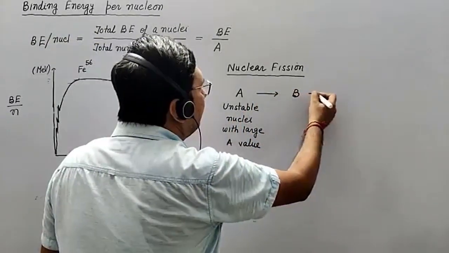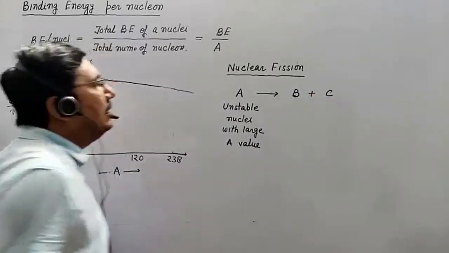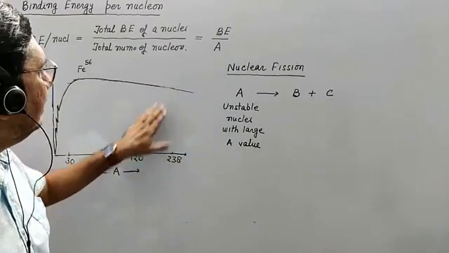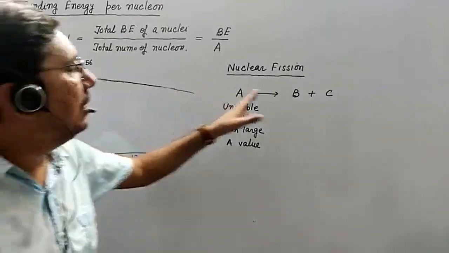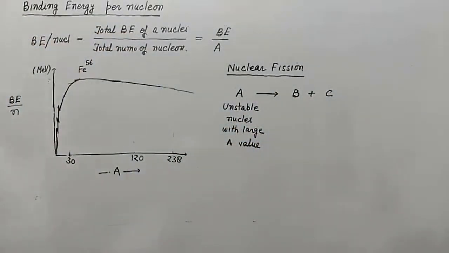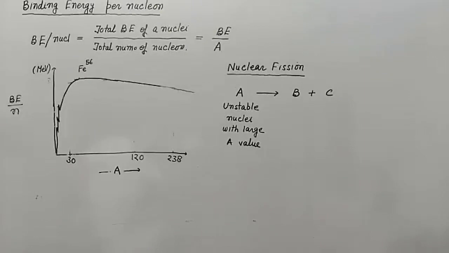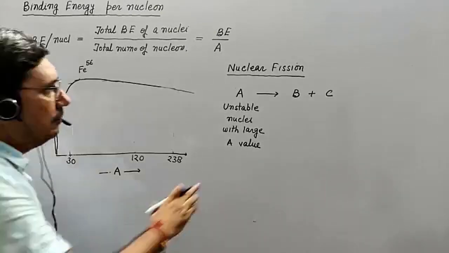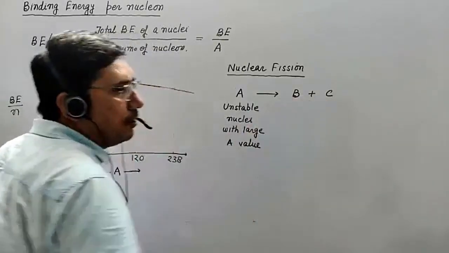This will split into two nuclei, suppose B and C, which are relatively more stable. They are stable nuclei.